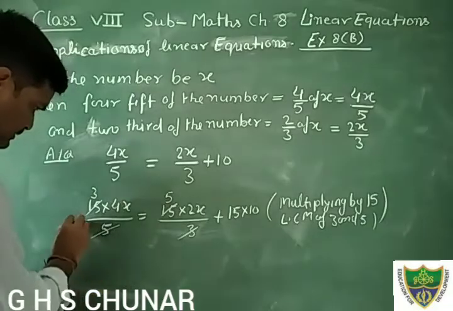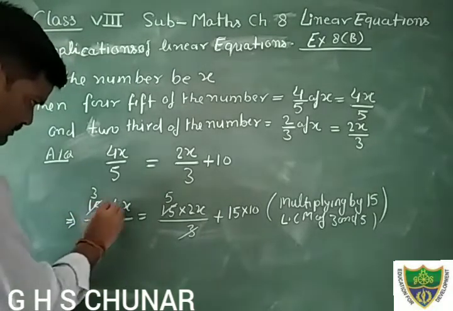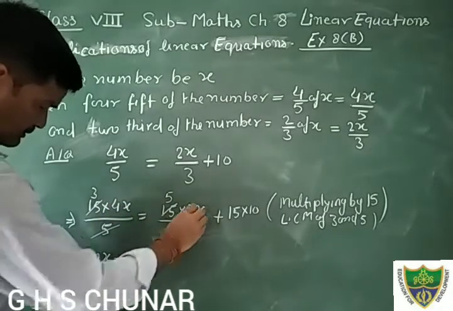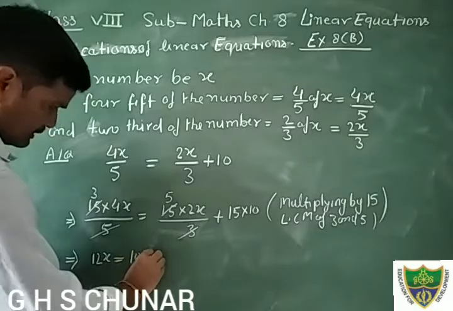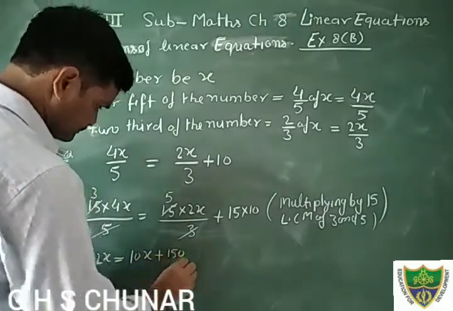Now that is equal to 3 4s are 12x, equals 10x plus 150.